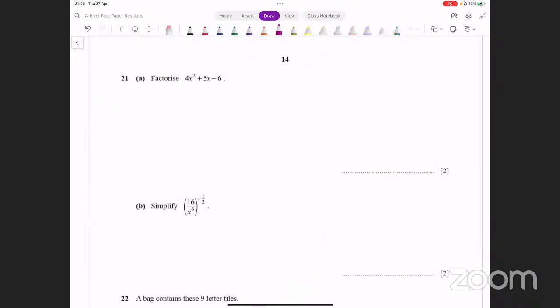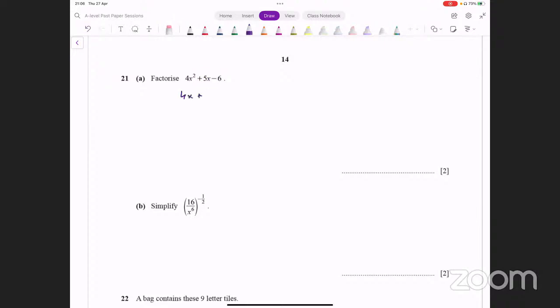21. It says factorize 4x squared plus 5x minus 6. Now, can we break the middle term? 4 into 6 gives us 24. How can we get minus 5 from the factors of 24? We could use 8 and 3.